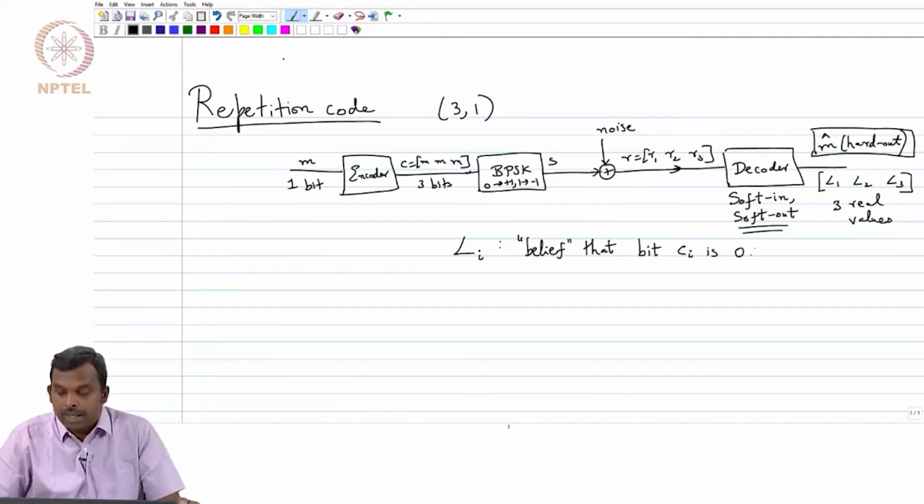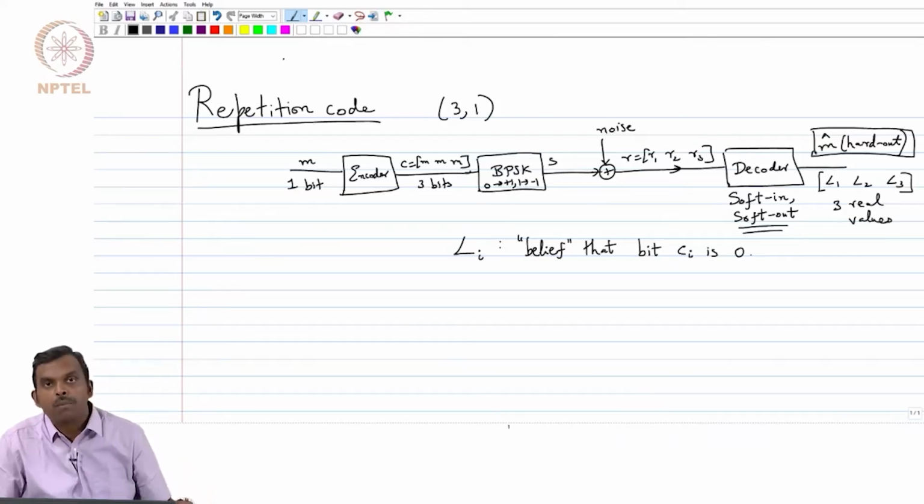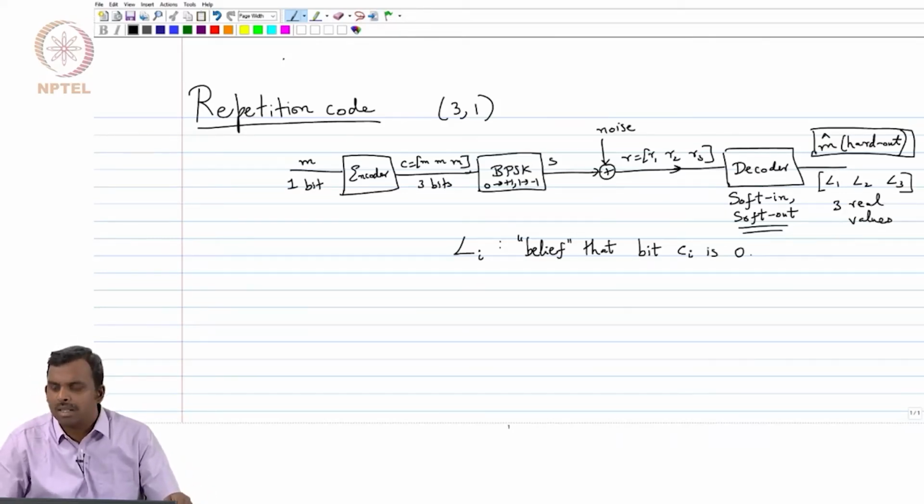Okay, and that is this definition of Li, and I want to say that for each of the bits L1, L2, L3, what's my belief that the first bit is 0, what's the belief that the second bit is 0, what's the belief that the third bit is 0. So actually for the repetition code, it will turn out that all the 3 values are the same. So eventually you will get the same value for all 3, and it does make sense, but you will see there are some subtleties in this.